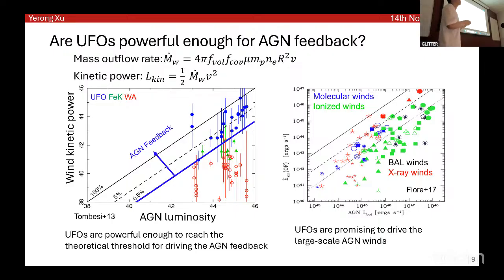And you can see UFOs still have comparable kinetic energy with those galaxy-scale outflows, such as the ionized winds or the molecular gas. So that means UFOs launched from the inner region of AGN are very promising to drive the galaxy-scale, large-scale outflows, which is a very interesting component.